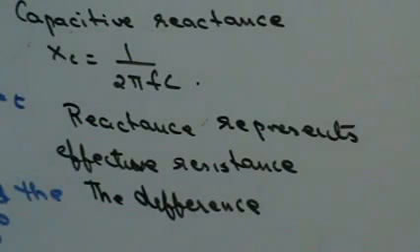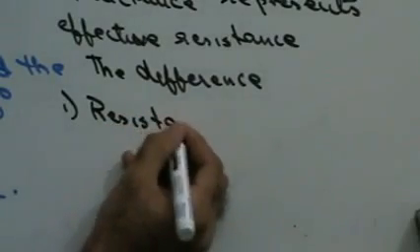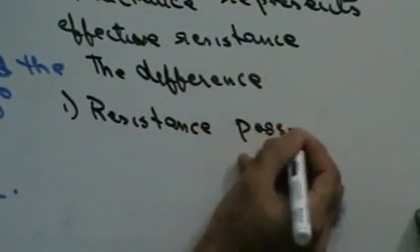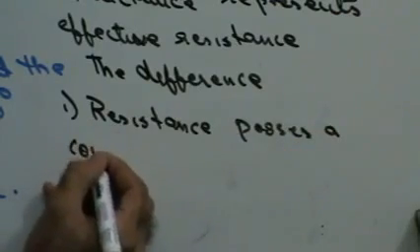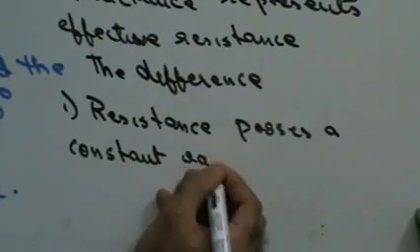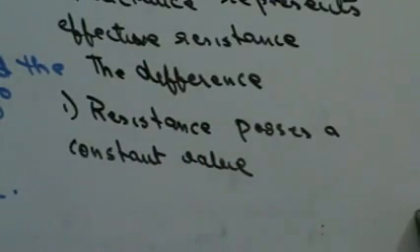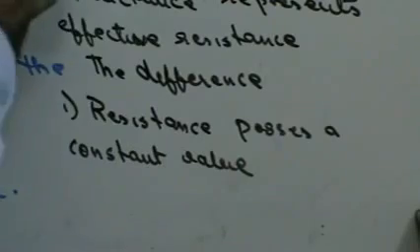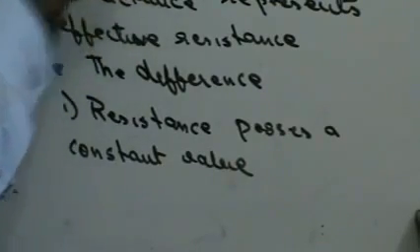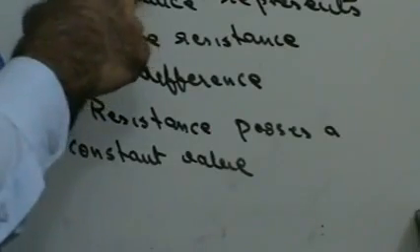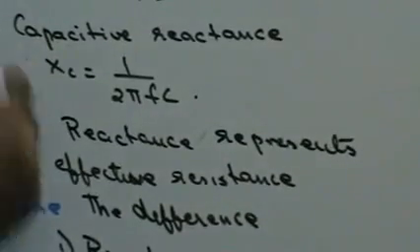First, resistance possesses a constant value throughout the circuit, right? But the value of reactance is not constant, it depends upon the frequency. If you see the equation, it is 2 pi fL. If I change the frequency, automatically my reactance will change. Again here, this is 2 pi fC. If I change the frequency, automatically my reactance will change.